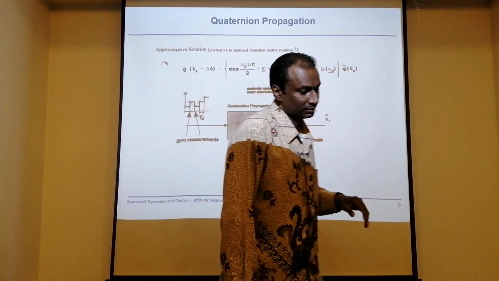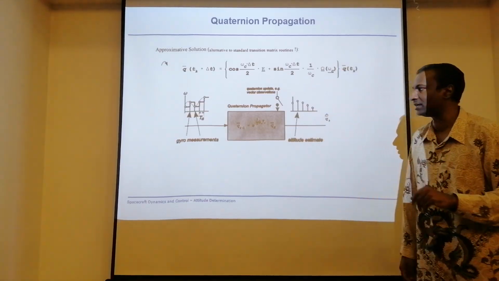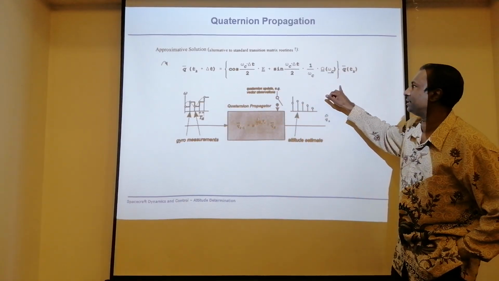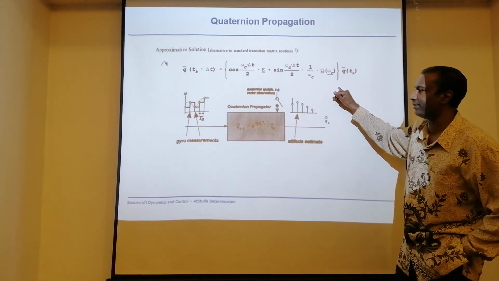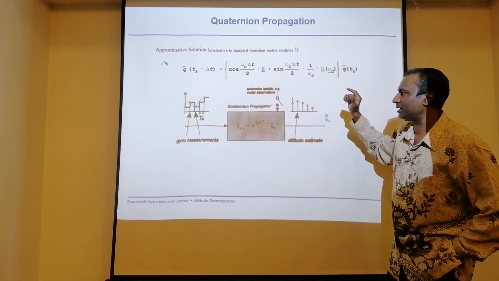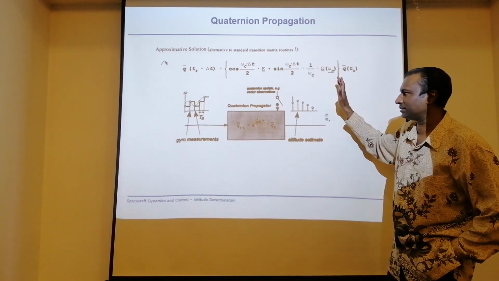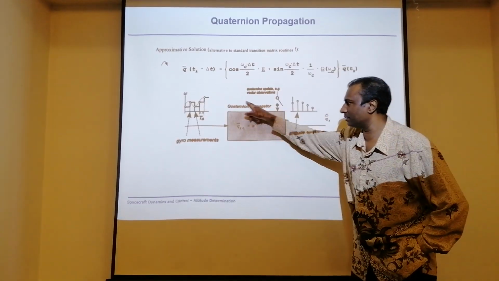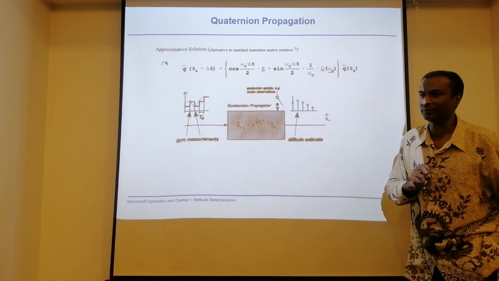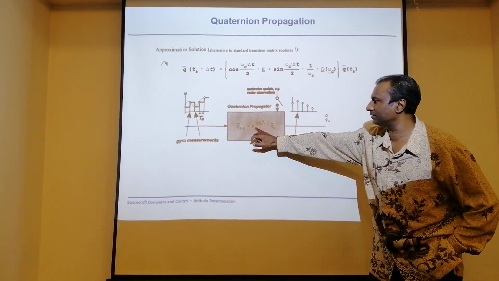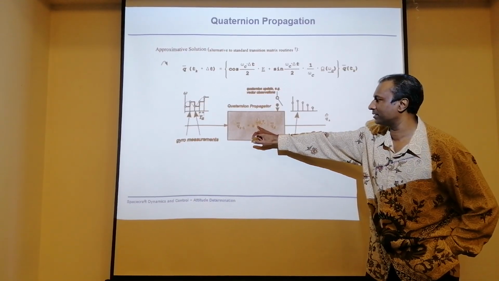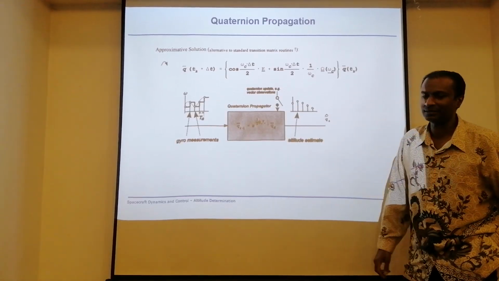Now, if you look at this alternative to the standard transition matrix routine, I would always advise you to use the transition matrix. That is much easier. Otherwise, you can also do this, but it may take a bit more effort. So we try not to do this. Basically, what I want to explain here is one of the alternatives. But again, my quaternion propagator is defined just like in my previous slide as well. So we keep on updating the actual value omega in the propagator. That means this is your transition matrix.